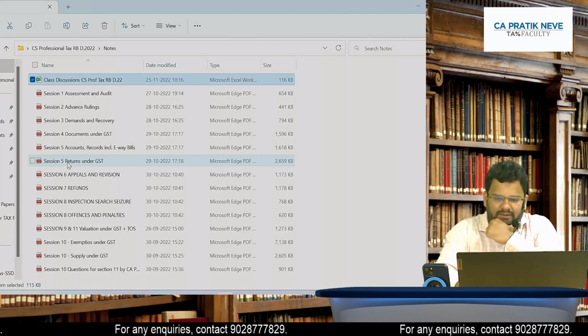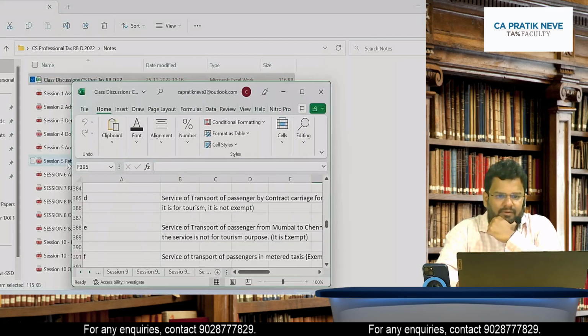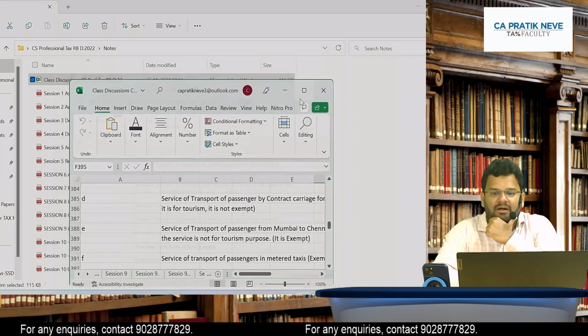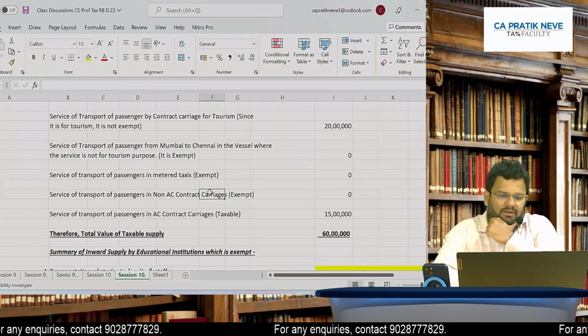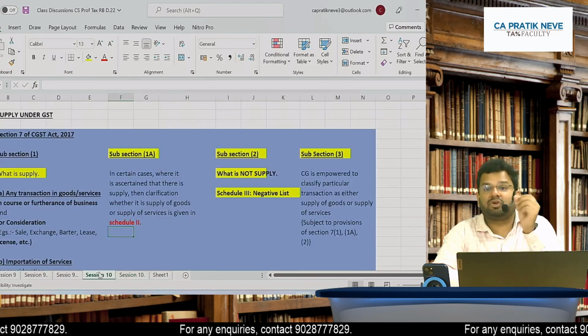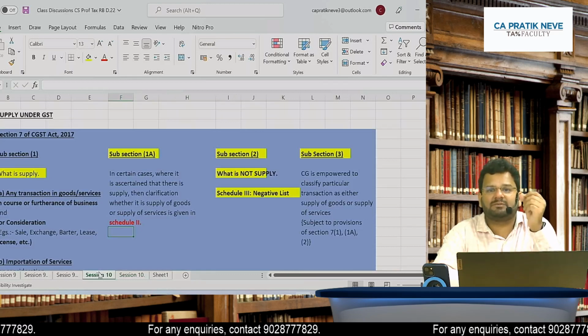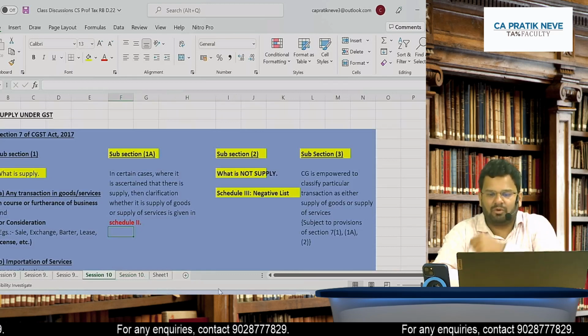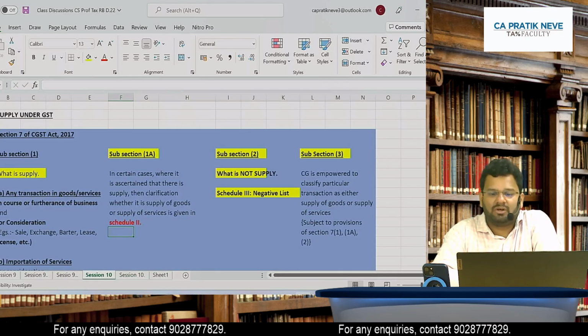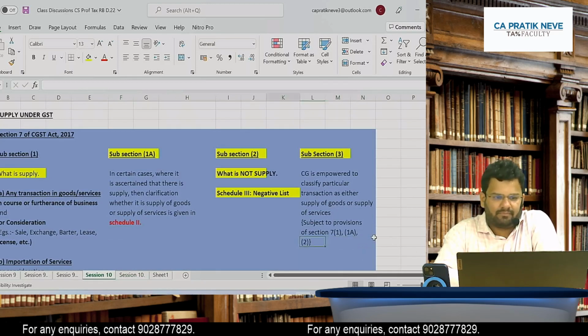What is 11? 11 is exemptions under GST. So many students ask me, where is this topic in our syllabus? So I want to tell you that there is a topic called industry specific analysis. Under that topic, the institute does ask us questions on this section 11. Agreed?